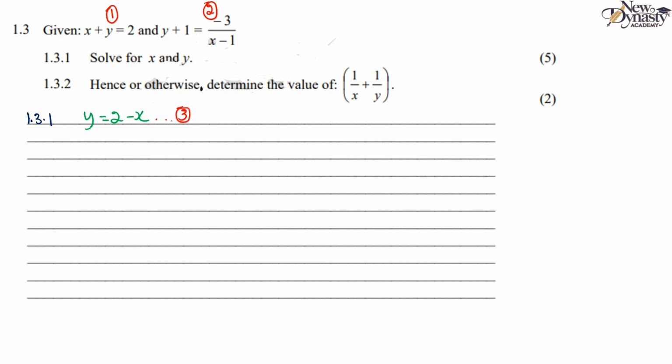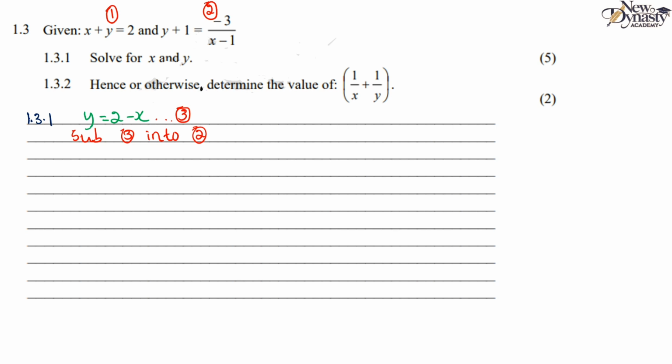And now I'm going to substitute. I write here, I'm going to substitute equation 3 into equation 2. So in equation 2, wherever I see y, I put 2 minus x.